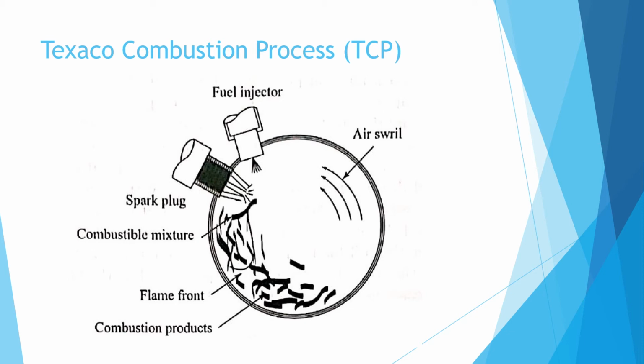This is due to employment of the cup combustion chamber. The inherent knock resistance of TCP allows the use of higher compression ratio or turbocharging. The lean overall mixture can be used and the exhaust smoke is also very low. So this is the Texaco combustion process, or TCP.